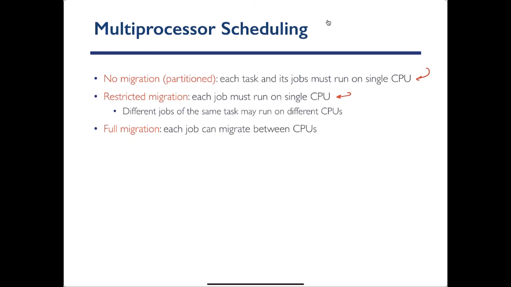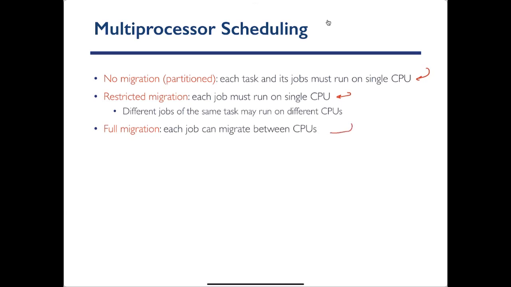I will just assign each job to a certain CPU, but then I don't allow jobs to migrate. So this allows each task to run on different CPUs, but jobs cannot migrate. So different jobs from the same task could run on different CPUs. But each one of those jobs, once they're assigned, cannot move.